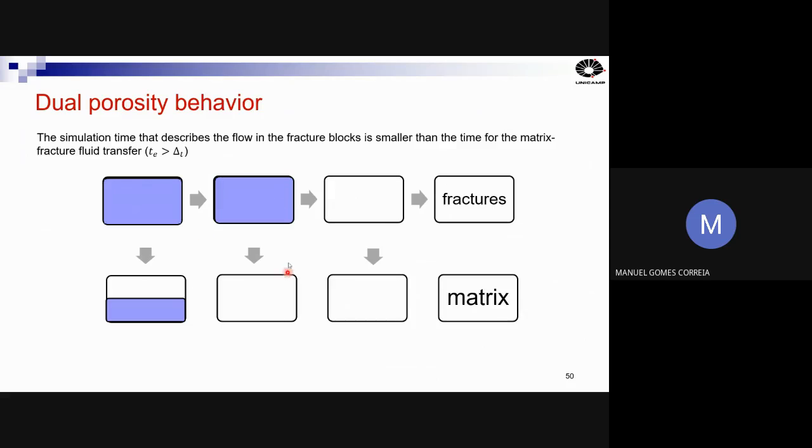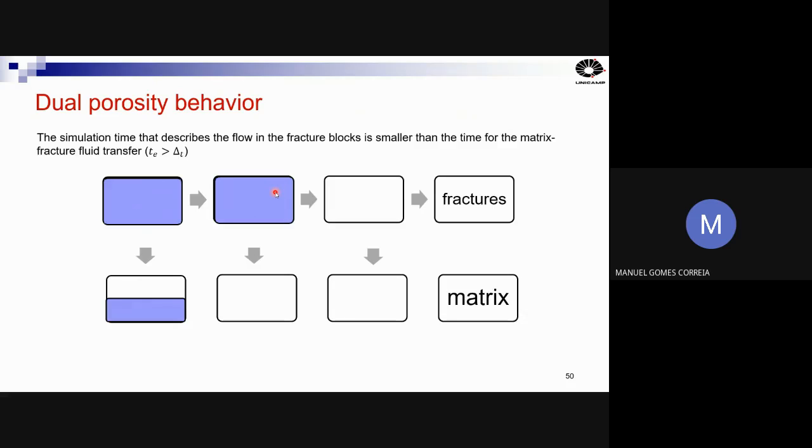As you see here, the flow is already here in the second block in fractures, but you can see that the water that comes from this fracture has entered in the matrix, but it has not yet produced all the oil here. So at the same time, the water goes in the next fracture block.